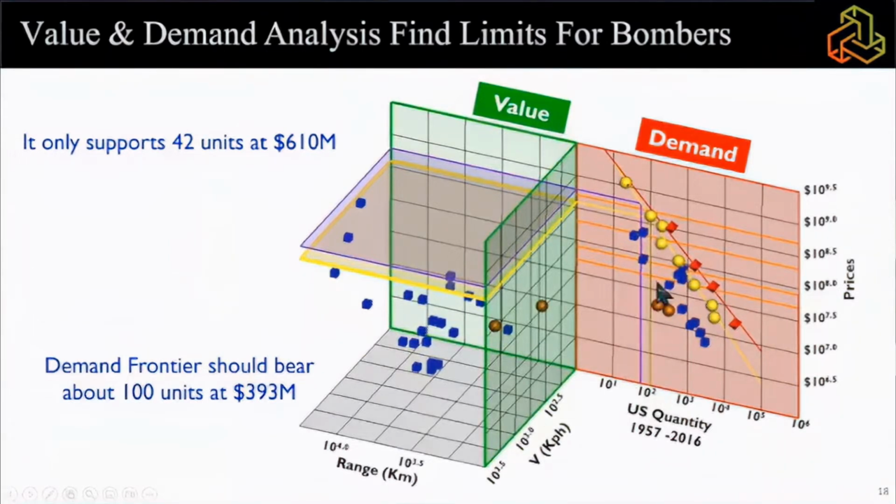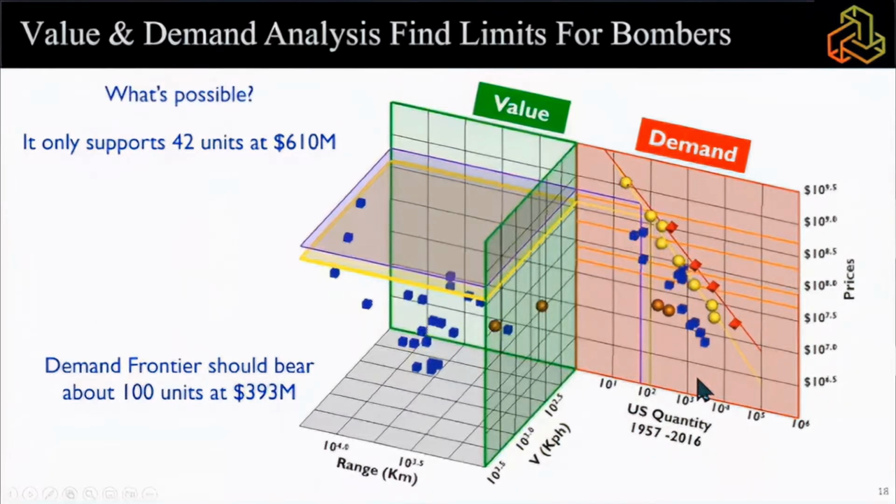They want to buy 100 units, but the market only supports 100 units at $393 million, which is this point here, which creates this plane here in log space. Here, if you actually take the limit that the government thinks they have, which is $610 million in 2016 dollars, you see that the market only supports 42 vehicles.